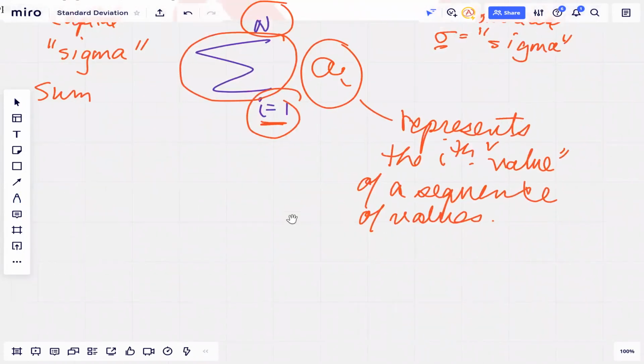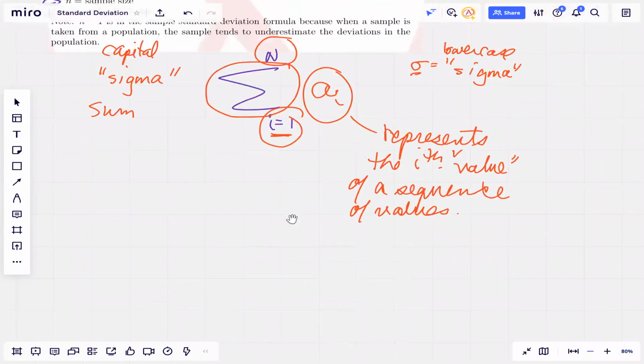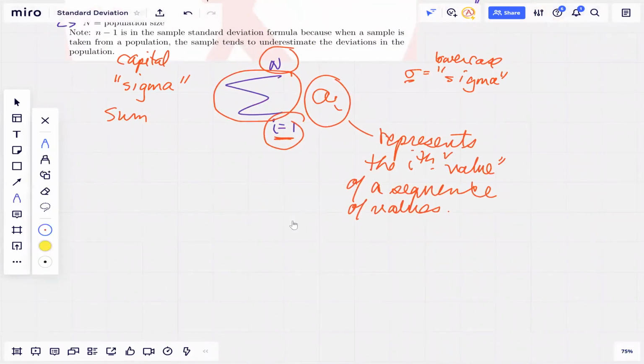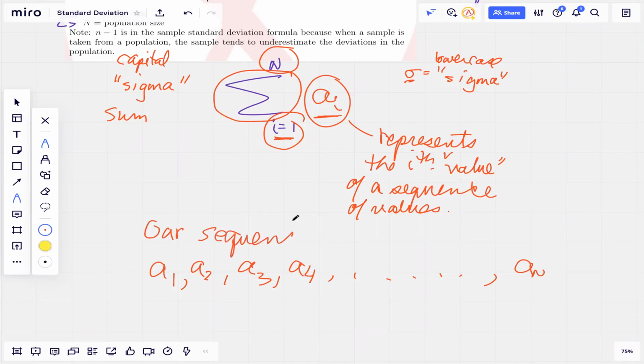Well, in this particular case, our sequence looks like a sub i: a1, a2, a3, a4, all the way up to a sub N. This is our sequence of values.